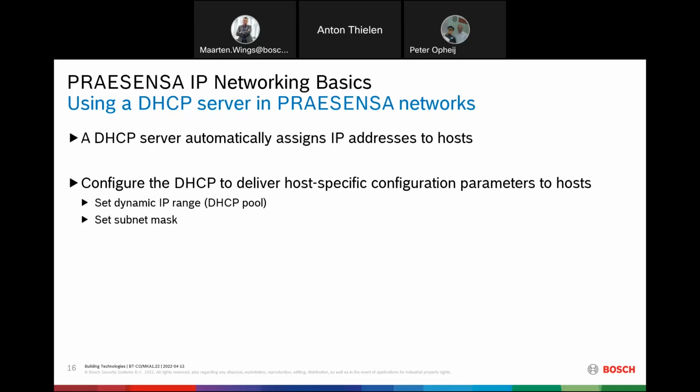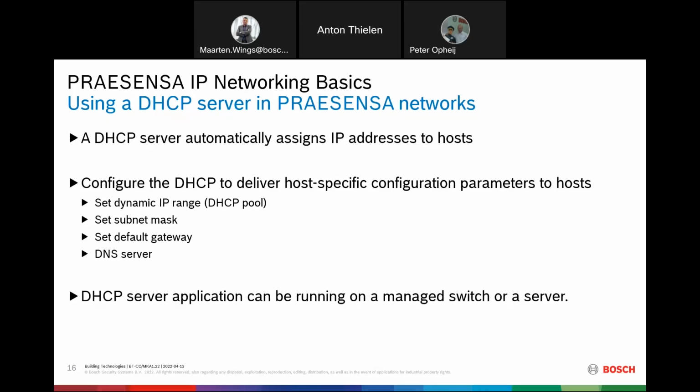So yeah, that kind of thing should be avoided, of course. But they have a free pool of IP addresses which the DHCP server may use. Set the right subnet mask, the gateway to be able to reach the PRAESENSA system from an external network. The DNS server can be entered and the DNS suffix. So the DHCP server application can be running on a managed switch or a server. That's normally where you have this application active.